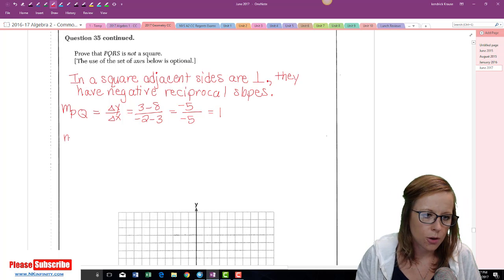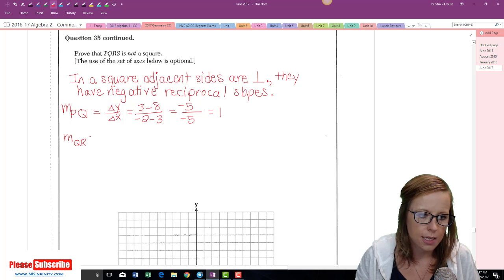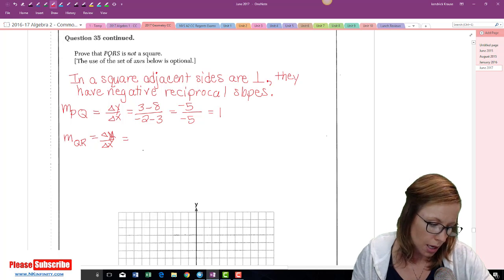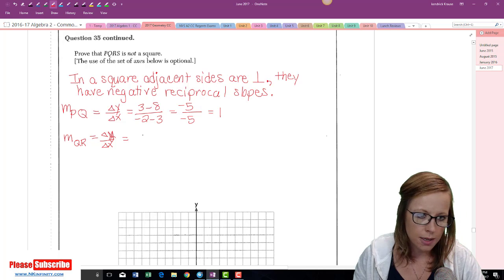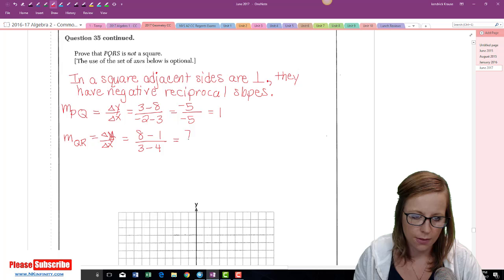And then the slope from Q to R is change in Y over change in X. That does not look like Y, I apologize. Q to R: 8 minus 1 over 3 minus 4. That's 7 over negative 1, which is negative 7.